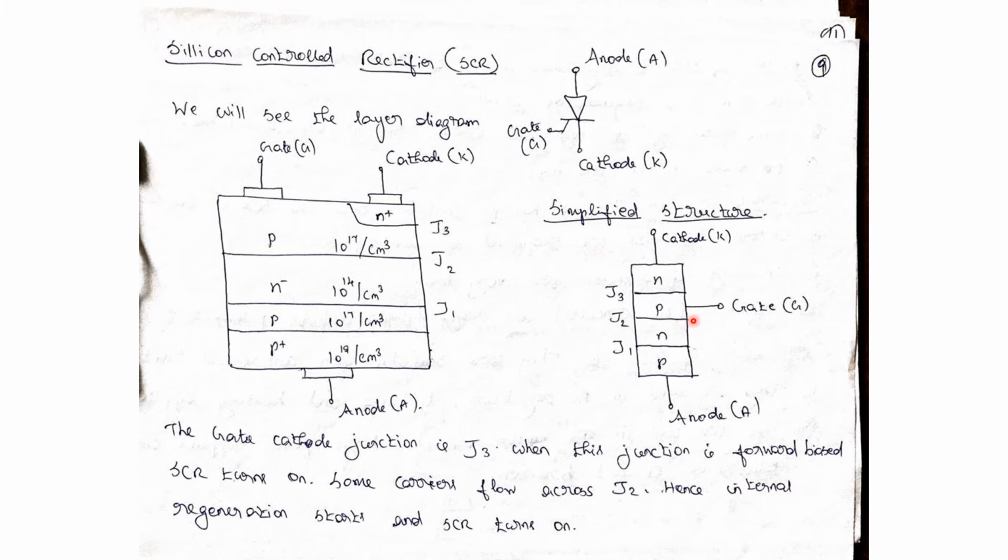So what will happen? Internal regeneration starts and SCR turns on. That means once the SCR turns on, the gate has no control over the SCR. So to turn off the SCR, we need to use commutating circuits. That we will study in the later chapters.